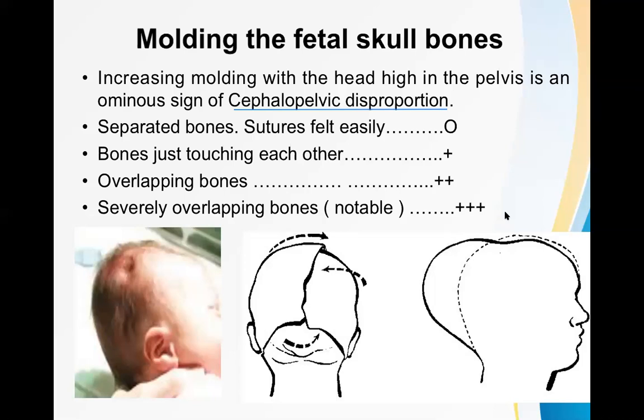Now, one last sentence before I move further. Molding is a normal or natural process when the head is descending down. It should happen, but if it occurs when the head is still high in the pelvis, then it is a feature of cephalopelvic disproportion.